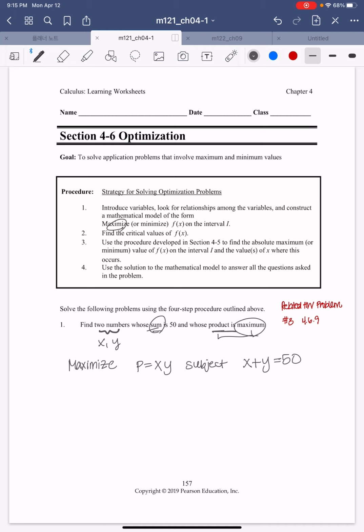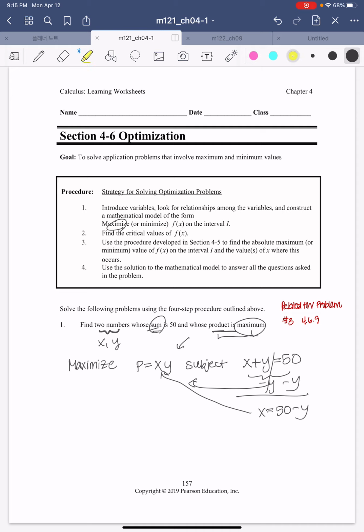All right, so now let's keep going. Since we want to work with the product, and I have 2 different variables, I need to use my constraint equation, solve for one of the variables, and then substitute, so we are dealing with only one variable. So let's solve for x here. I can subtract y from both sides, so x is equal to 50 minus y, and let's plug it in over here.